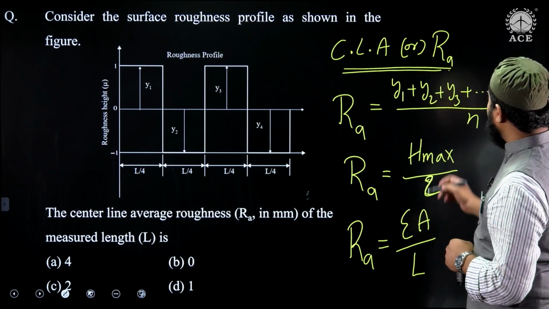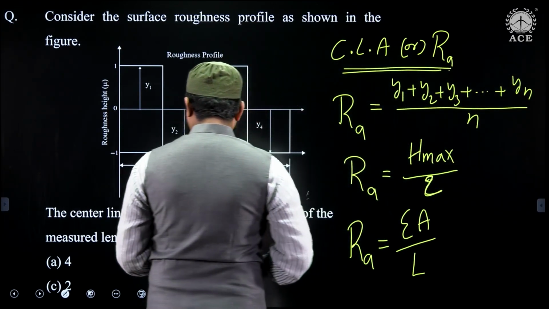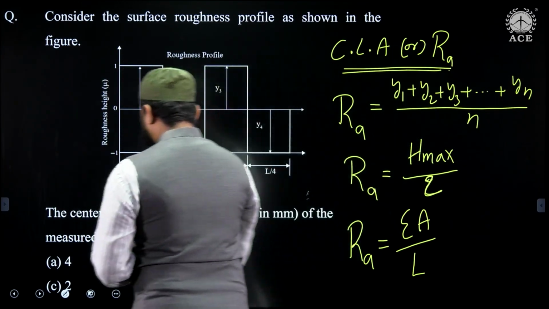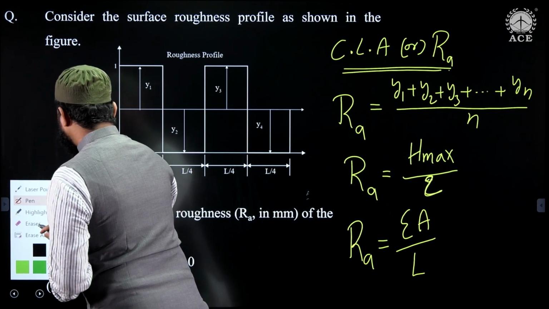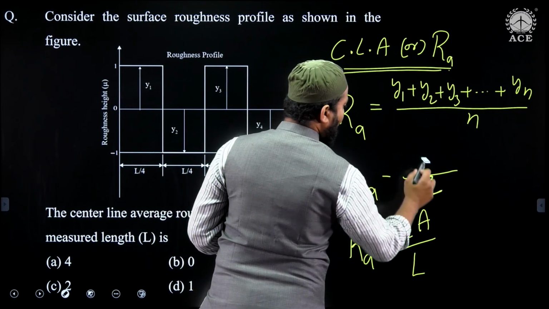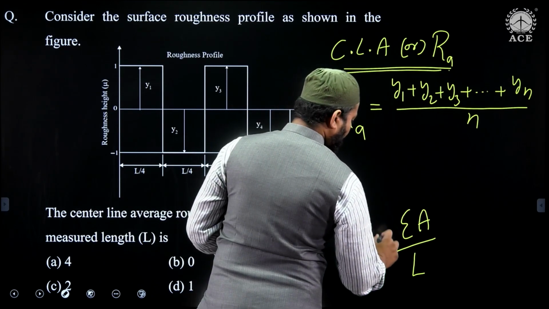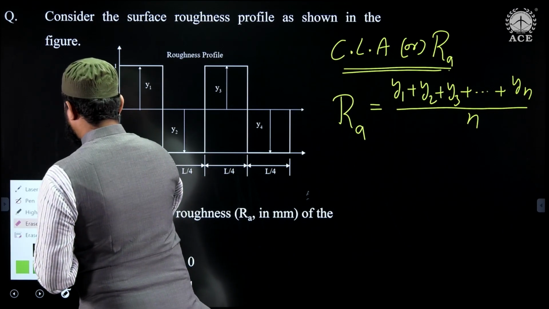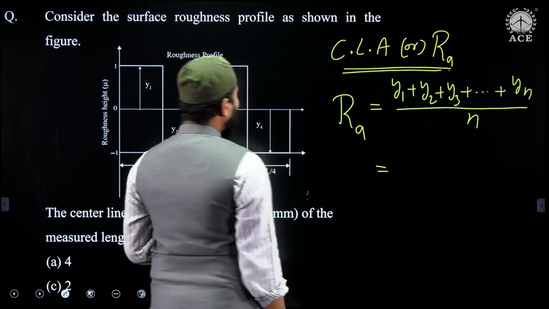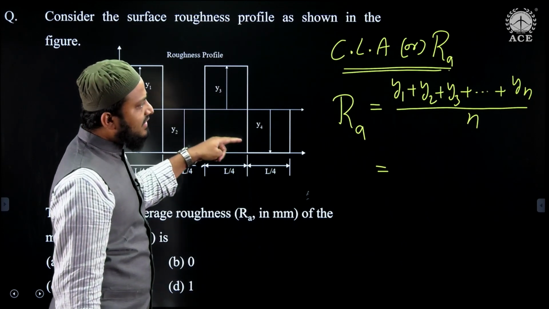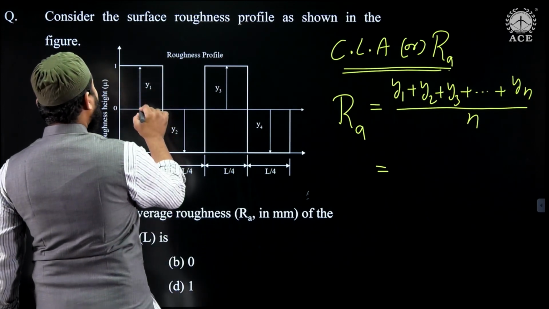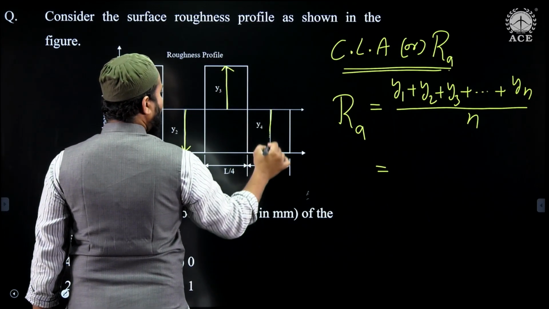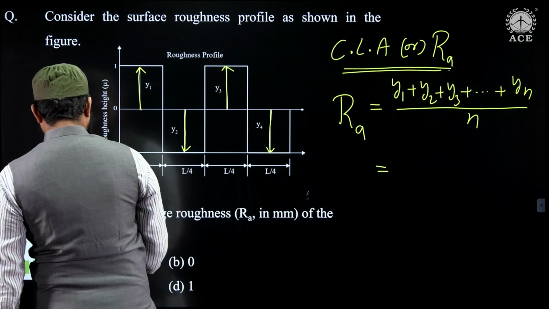Why I am saying the answer is the same, if you observe here, in the first formula, first I will take the first one. Observe here, y1 plus y2 plus y3 plus y4, here we have 4 peaks and valleys together, y1, y2, y3 and y4.